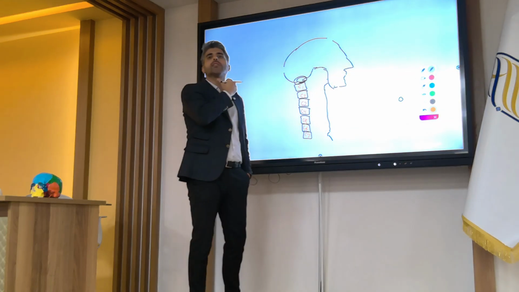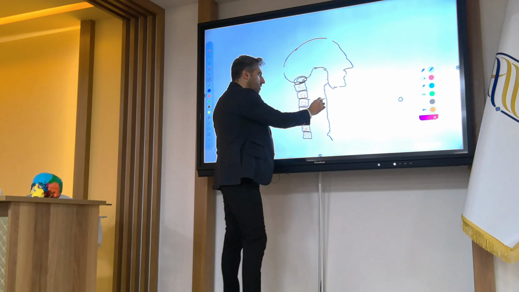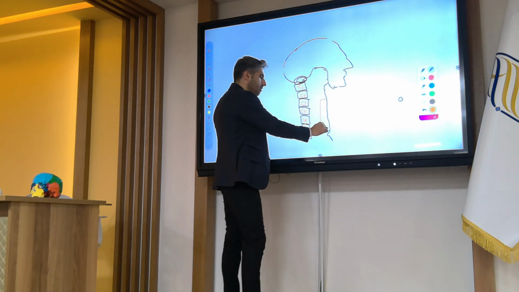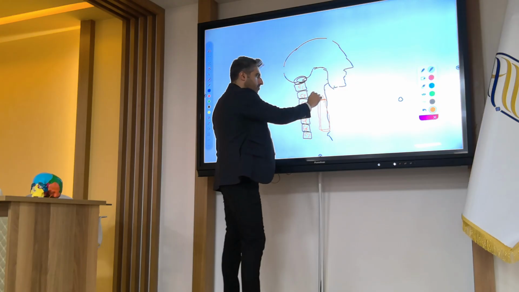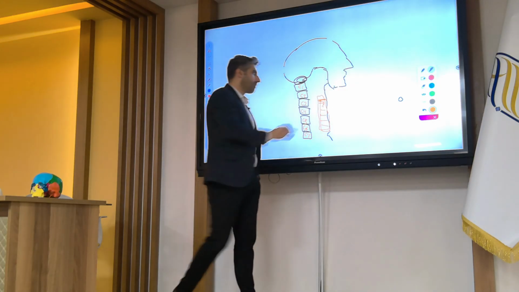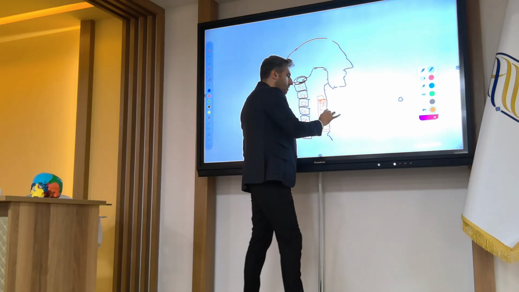You can touch it in the neck at the level of C3 to C6. So this is the larynx at the level of C3 to C6.